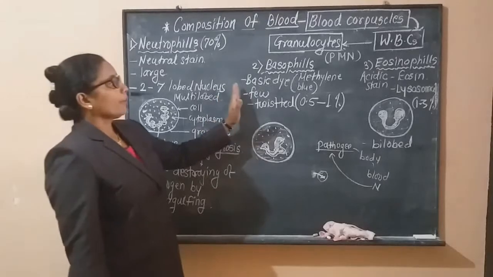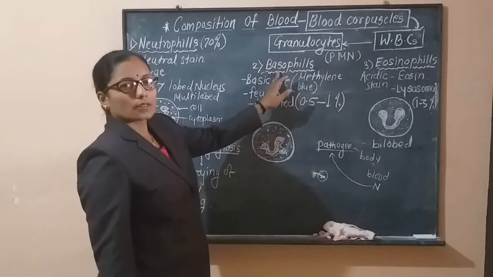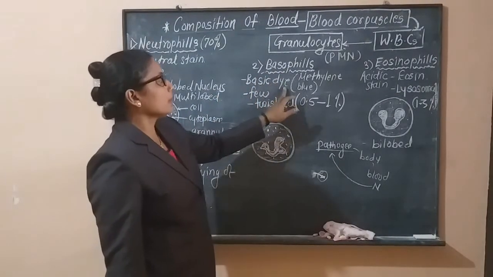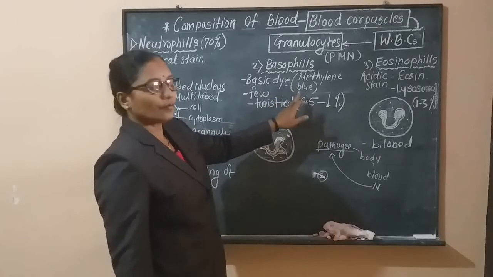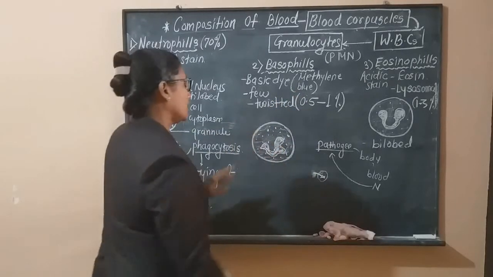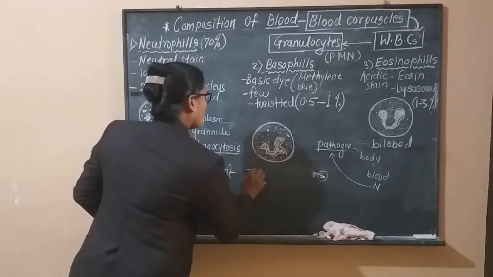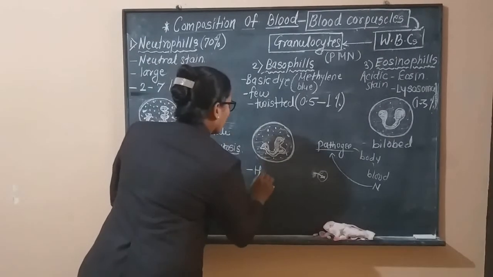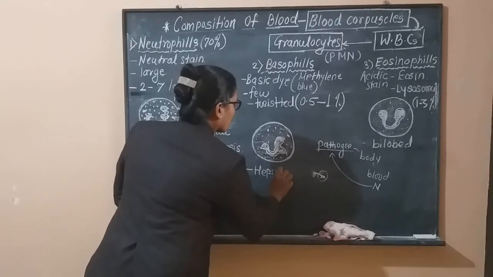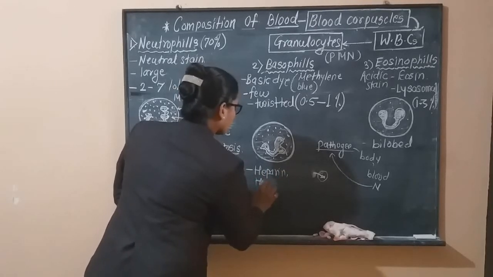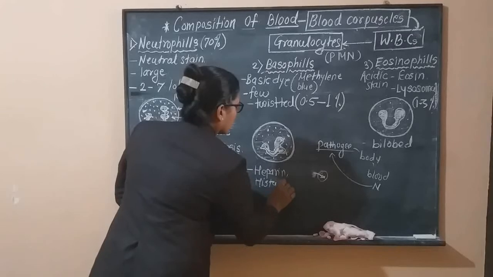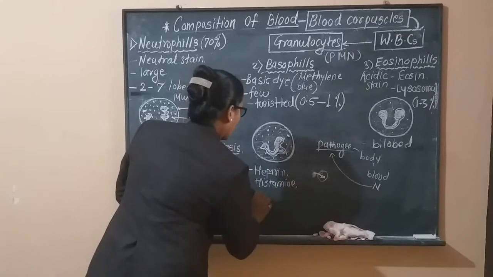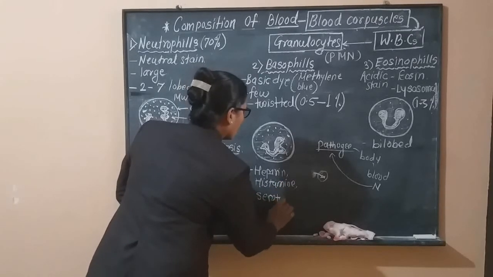Now, the second type of cell is basophils. These basophils stain with basic dyes, that is methylene blue, and such type of cells perform an important function, that is they secrete heparin, which is an anticoagulant, then histamine and serotonin.